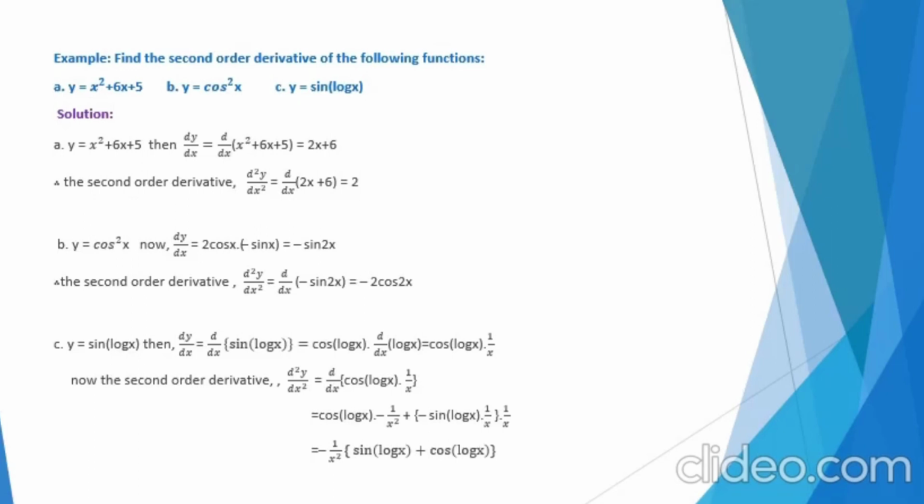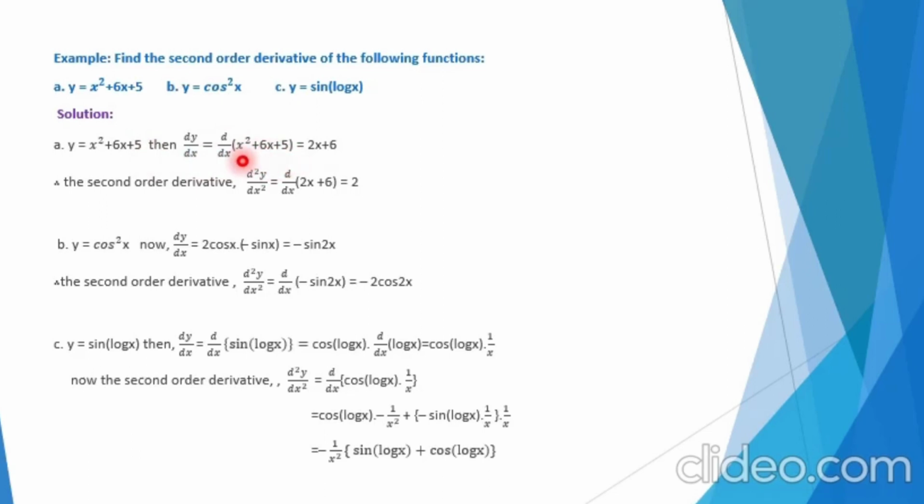Now we will learn some problems on how to find the second order derivative of a function. Here are three functions and they are explicit functions. That means the dependent variable y has been given explicitly in terms of the independent variable x. The first function is y equal to x² + 6x + 5. First we need to differentiate y with respect to x. That means dy/dx equal to d/dx of (x² + 6x + 5).